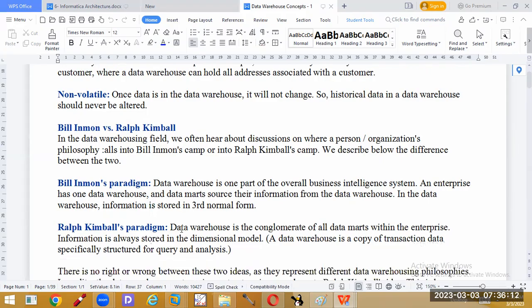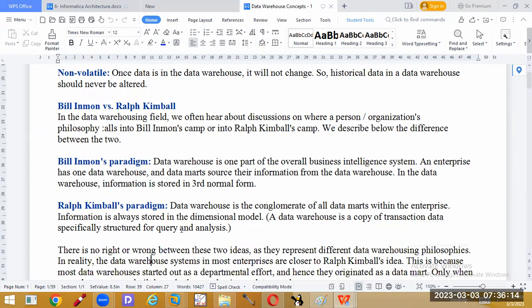Compared to this concept, Ralph Kimball is using data warehousing. He said it is a conglomerate, the overall business intelligence system, right, of all data marts. Ralph's concept is the data mart concept, but compared to Ralph, Bill Inmon said everything comes under business intelligence. Like first we go and create the data warehouse, right?